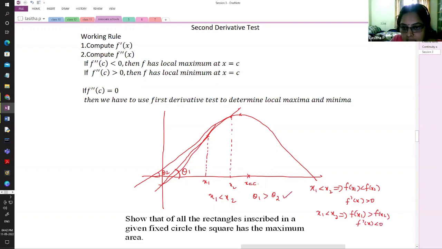So this is actually happening here: x1 lesser than x2, whereas f dash of x1 is greater than f dash of x2. And so, taking the derivative, f double dash x will be lesser than 0. It possesses this strictly decreasing property.